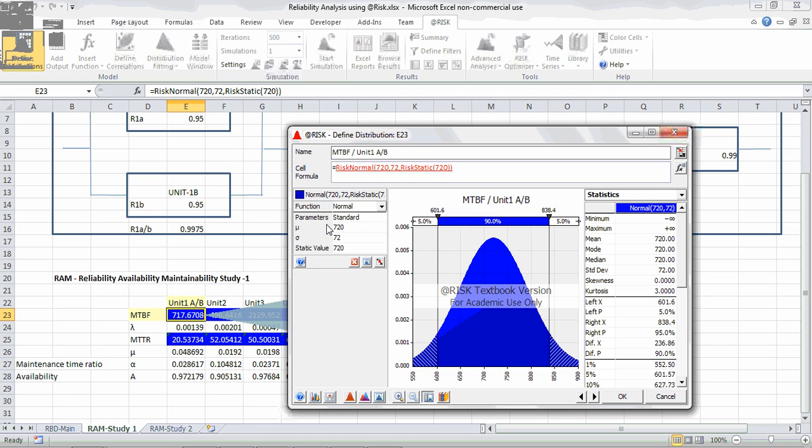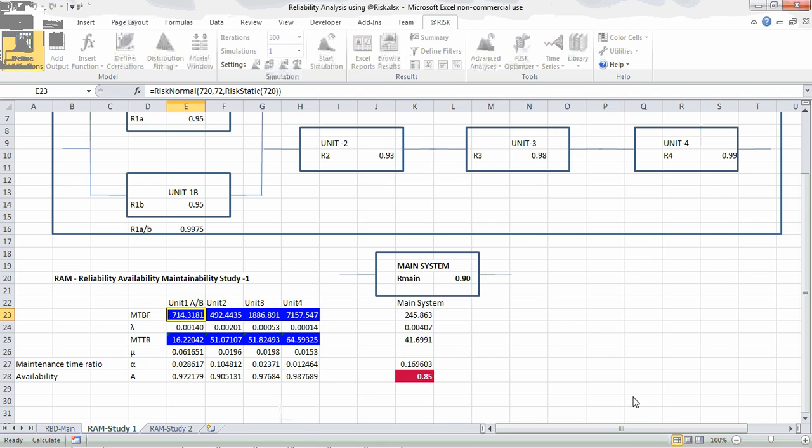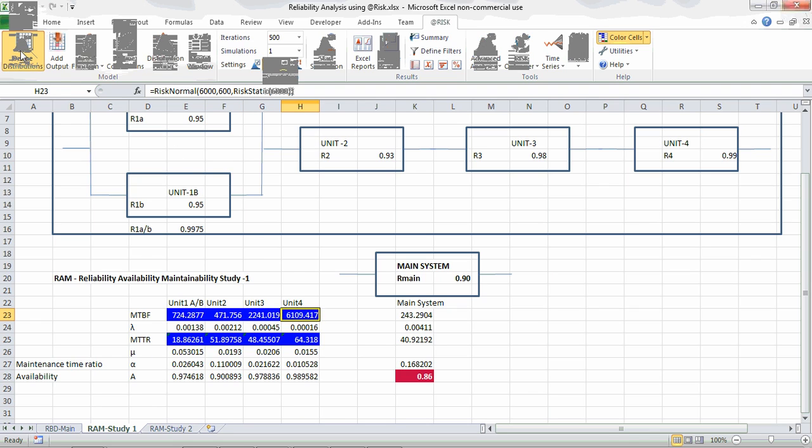I set the mean to 720 hours, standard deviation of 72, and I've taken the confidence level within 90%, leaving 5% on the left side and 5% on the right side. I'm assuming it's a normal distribution, and I say OK. Similarly, I define a normal distribution for unit 2, unit 3 and unit 4, as you can see here.